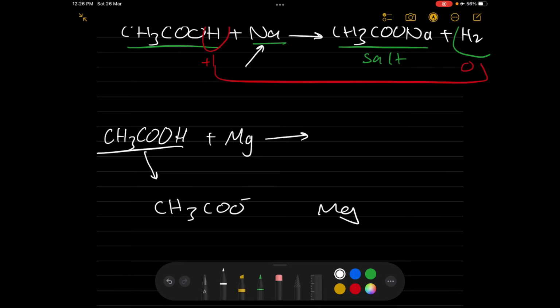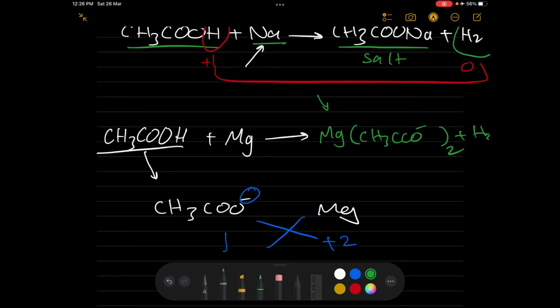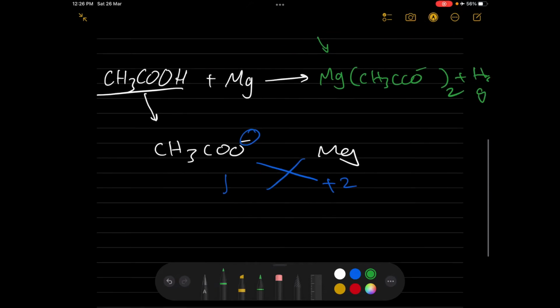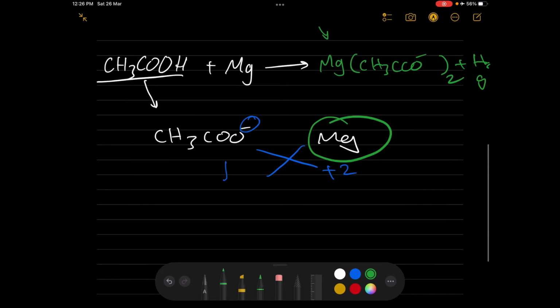Magnesium will react to give an oxidation number of +2, and the carboxylate has an oxidation number of -1. Then if you make a cross multiplication, the formula of the compound will be Mg, you have to open a bracket, and you have CH3COO negative by 2, in addition to H2 as a gas. So this is a very important point to put in your mind: the oxidation number of magnesium when it's in a compound.